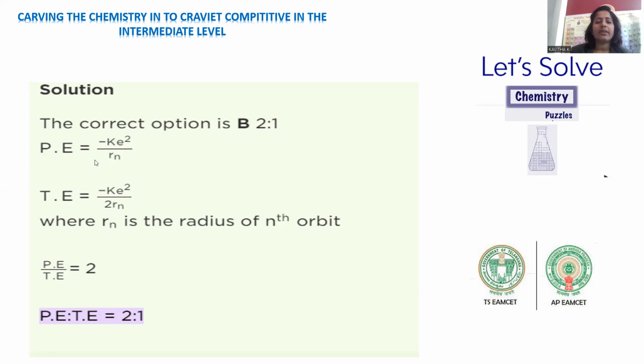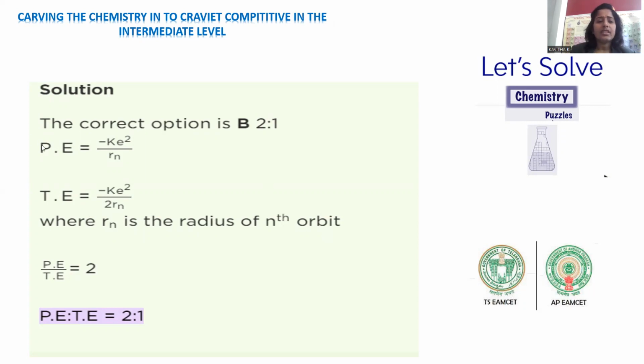Potential energy is given by the equation minus Ke square by Rn, and the total energy is given by minus Ke square by 2Rn. Here, R denotes the radius, n denotes the nth orbit in which the electron is revolving, right? K is the proportionality constant over here.